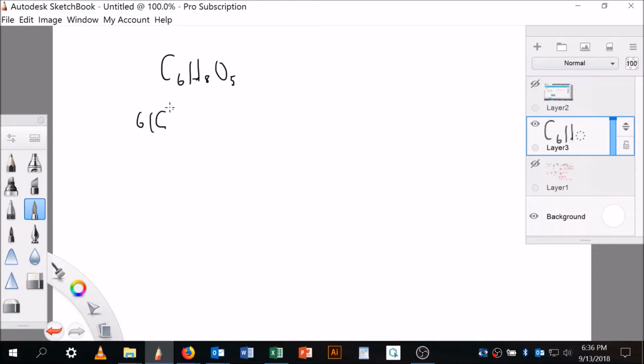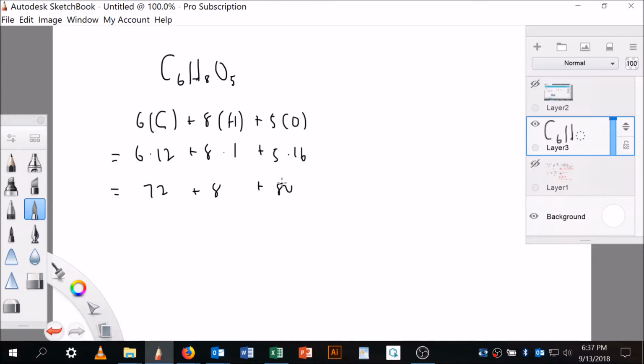It's 6 times C plus 8 times hydrogen plus 5 times oxygen, which is equal to 6 times 12 plus 8 times 1 plus 5 times 16, which is equal to 72 plus 8 plus 80, which is equal to 160. Aha! 160. So this is my empirical formula, because that's the formula weight of that.